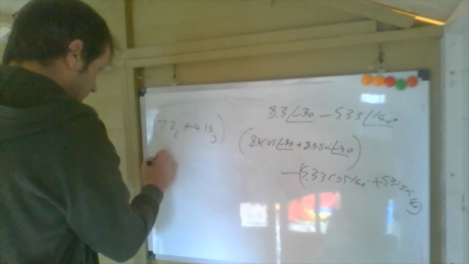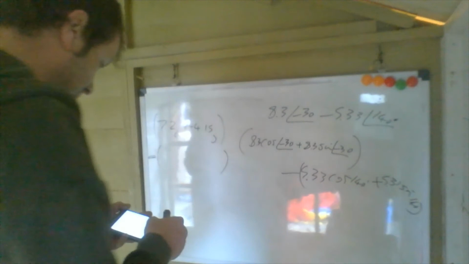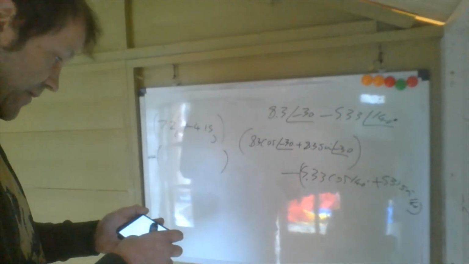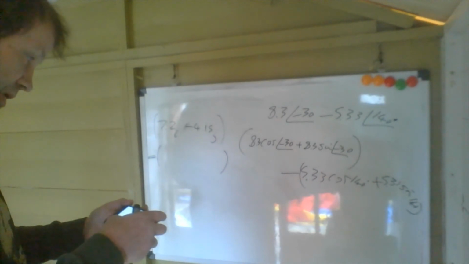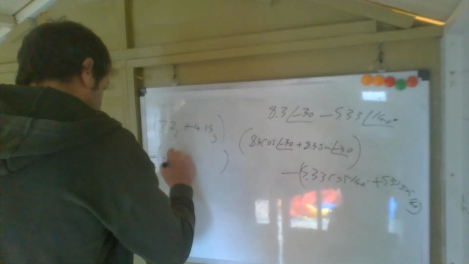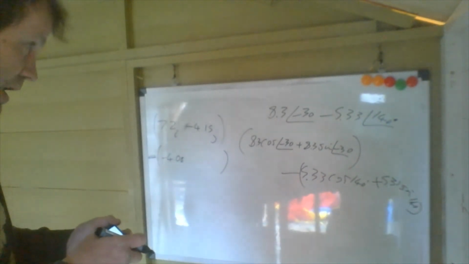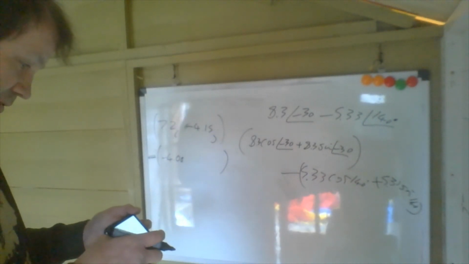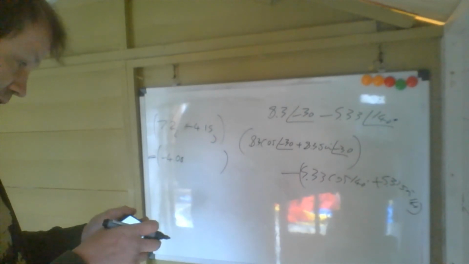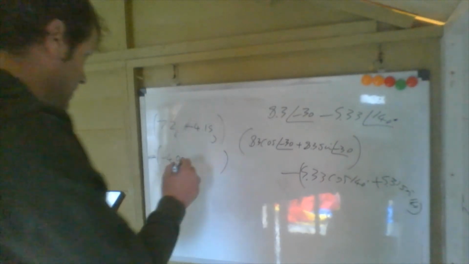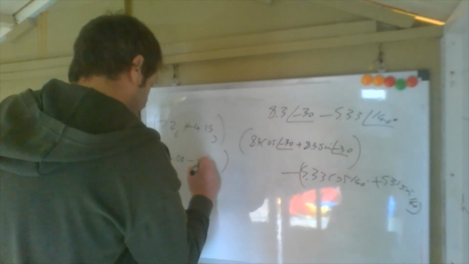Now we're going to subtract this from it. 5.33 cos 140, that's minus 4.08, and 5.33 sine 140, that's 3.42 j.